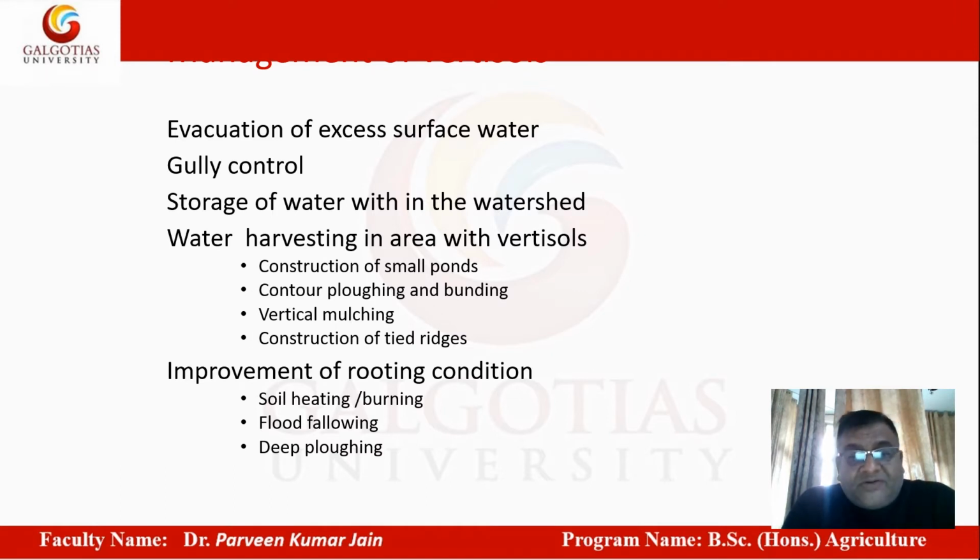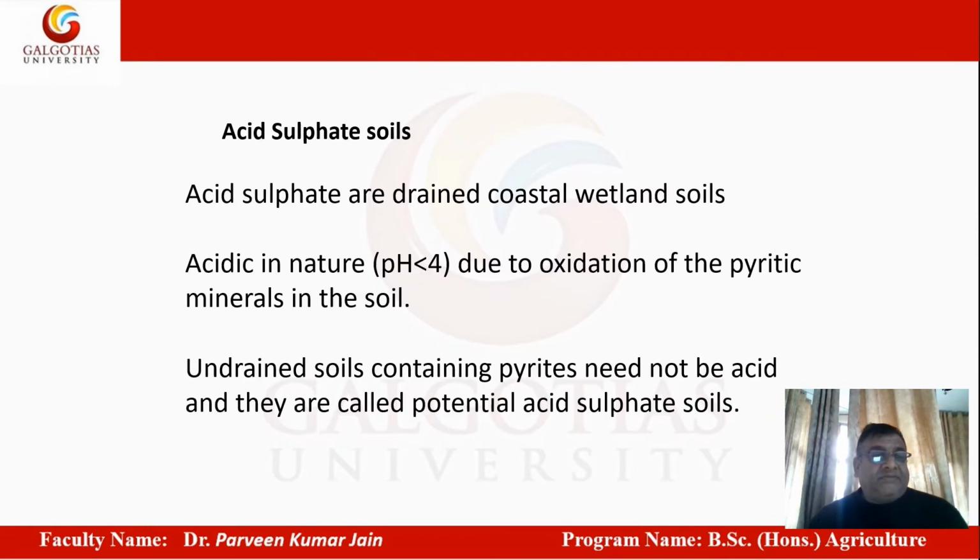Then improvement of rooting conditions by soil heating, burning, or fallowing or deep plowing. Deep plowing is one of the measures so that the surface soil gets mixed with the below-ground soil, and there is also a breakage of the surface hard pan. So these soils can be made suitable.